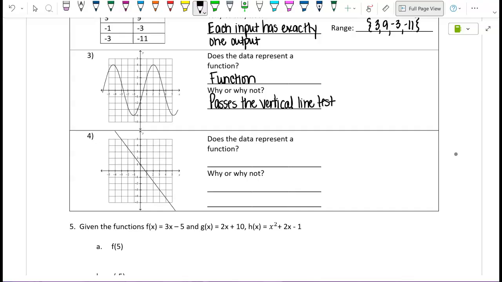I would also accept each input has exactly one output because that's what the vertical line test is telling us. What about the graph in number 4? Does that represent a function? Yes. And again, why? Passes the vertical line test.